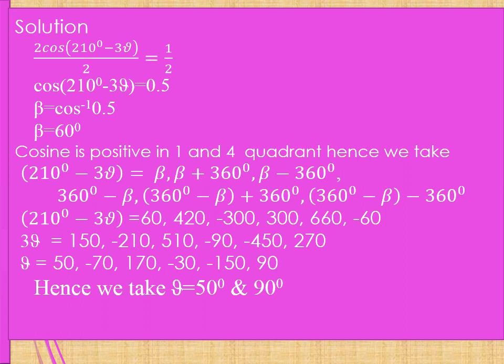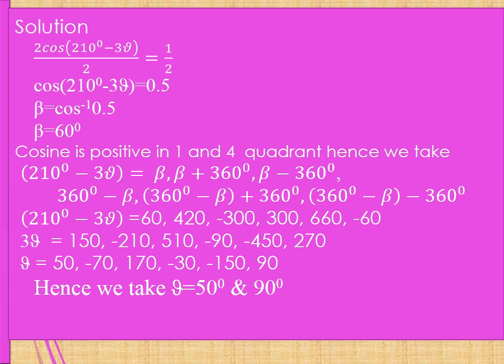Then cosine is positive in the first and fourth quadrant, hence we take 210 minus 3 theta as beta, beta plus 360, beta minus 360, 360 minus beta, 360 minus beta plus 360, 360 minus beta minus 360. 210 minus 3 theta is equivalent to 60, 420, negative 300, 300, 660, and negative 60. That is when we replace beta with 60.